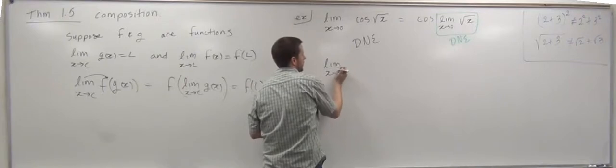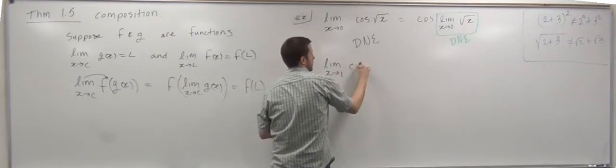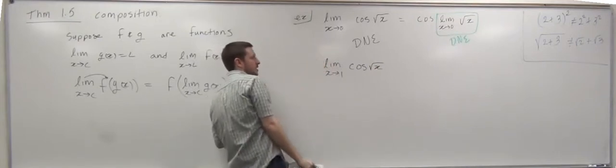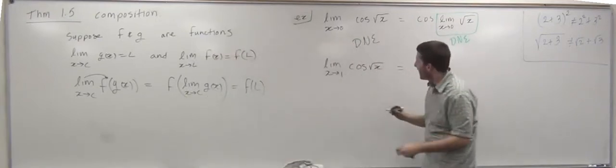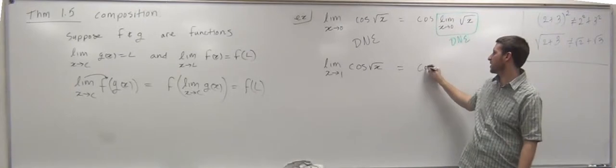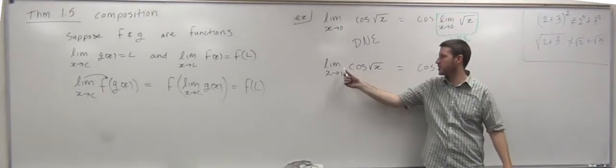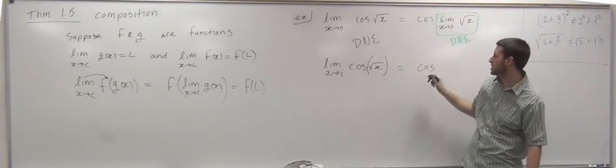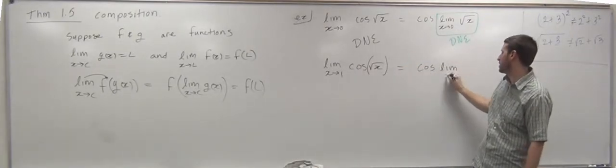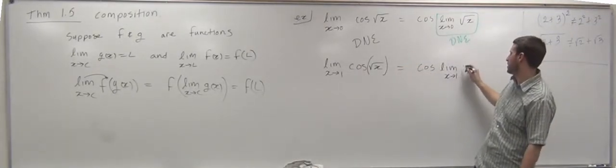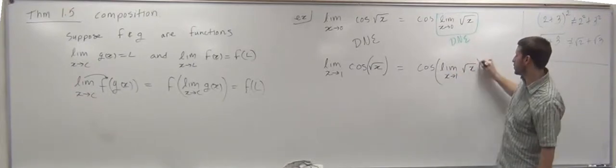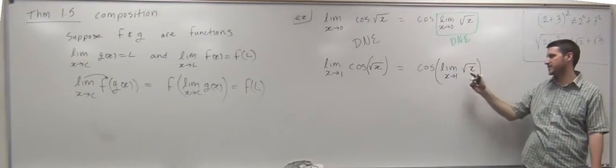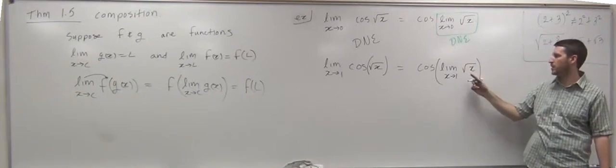But let's do pi over 4. Oh no, because we can do the root. Let's do 1. So this guy, actually it's not. I don't think anyway. The same principle applies: when you have a composition, since the root is inside the cosine, you can squeeze the limit in. But now this works out. 1 can be plugged in here because root x has a left, it doesn't end at 1.